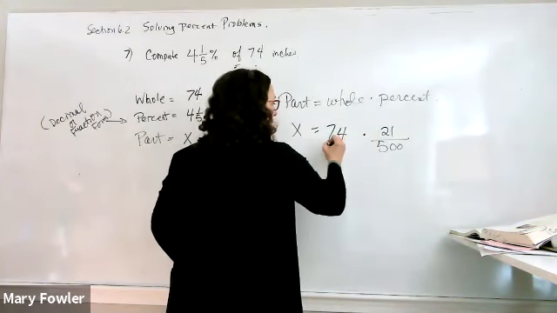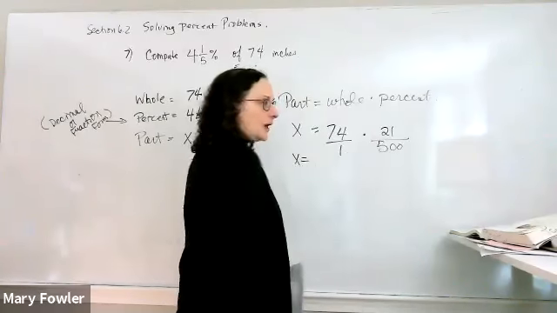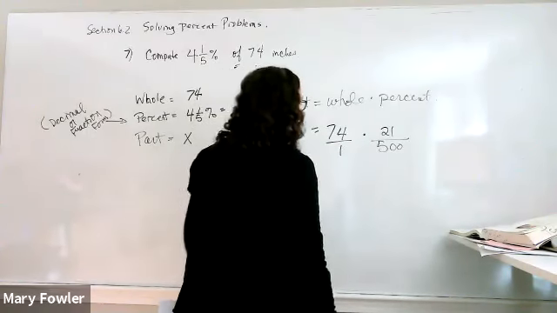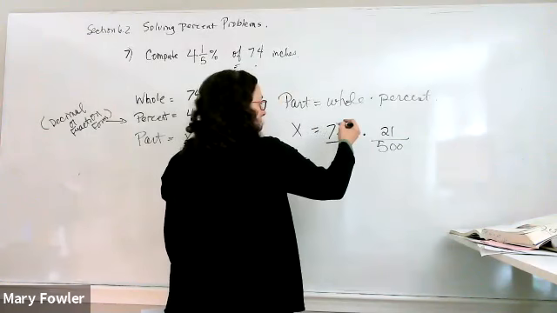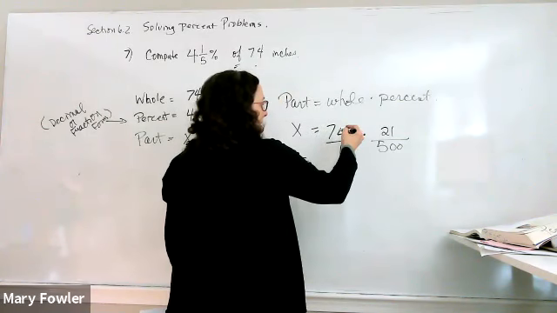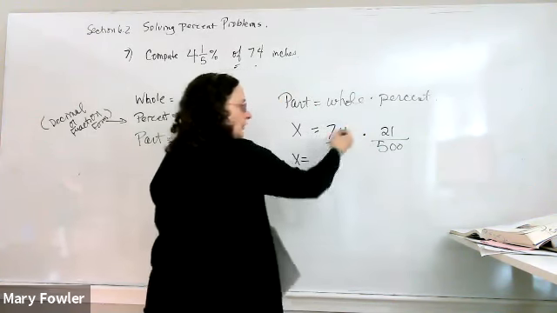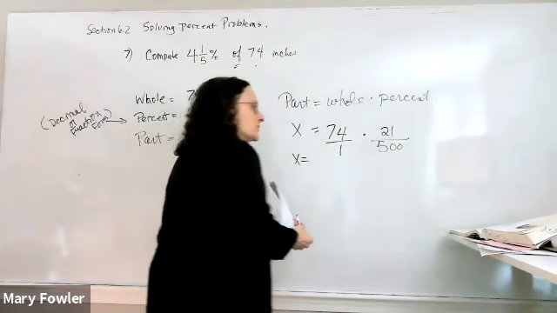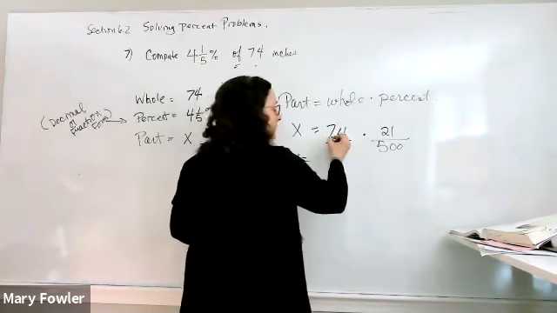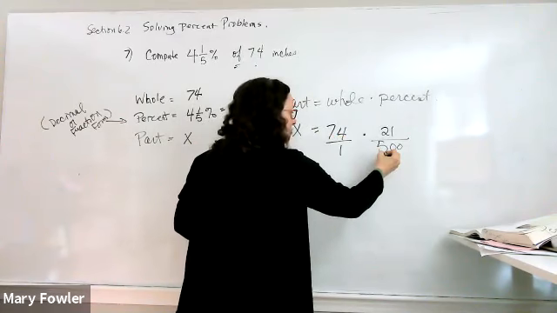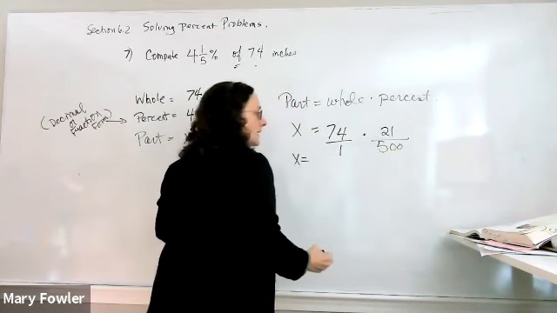So we want to do now fraction in fraction form. So we want to do this fraction multiplication. So we're going to find common factors here, and I see that 74 is even and 500 is even.